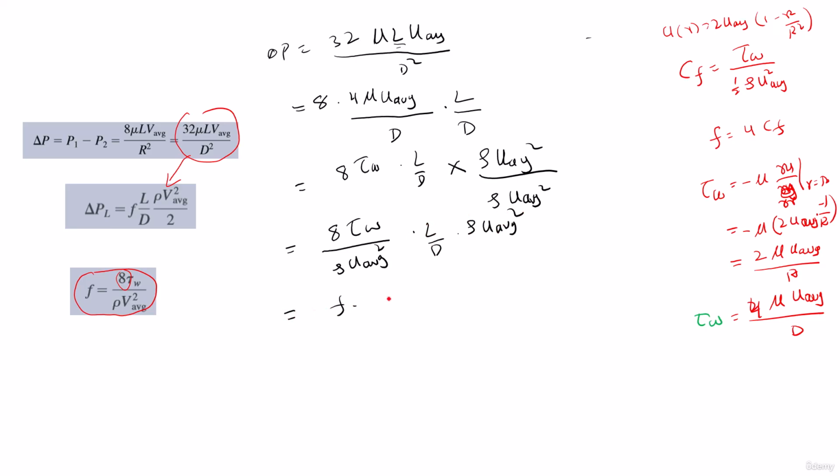This term is F, this is L by D, and this is rho U average squared. From here we know that F is 4 times CF, which we will prove, and from there we find that F is equal to 8 times wall shear stress divided by rho V squared, because the 1 upon 2 in 1 upon 2 rho V squared goes to the upper side, with F equal to 4 times CF, and CF being the wall shear stress divided by 1 upon 2 rho V squared. That's why this comes from this fact.